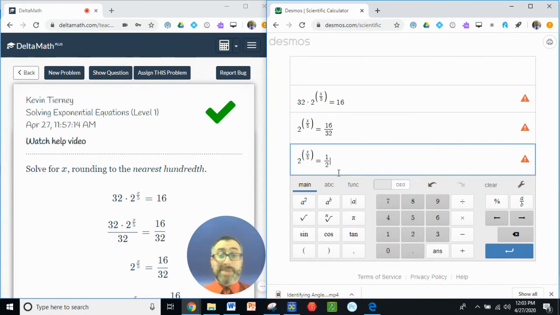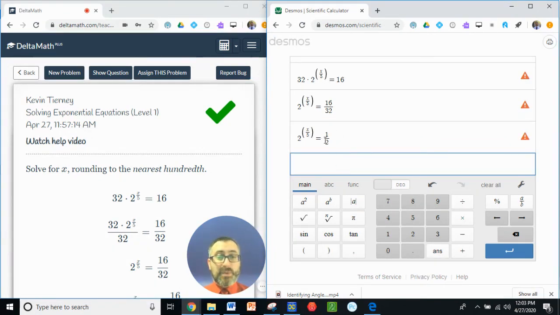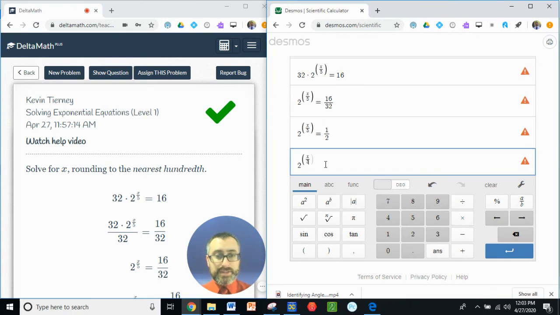And now we might be able to use some of our same base strategies, which we didn't use earlier in the problem. I can recognize that 1/2 is just 2 to the negative 1. Now I have an equation that says 2 to the x over 5 equals 2 to the negative 1.